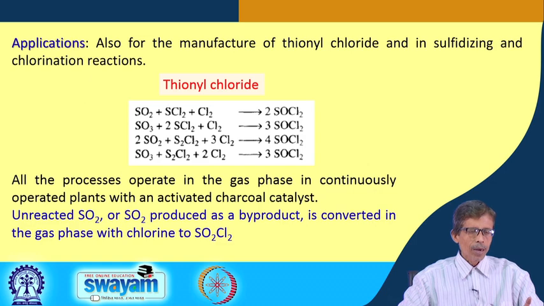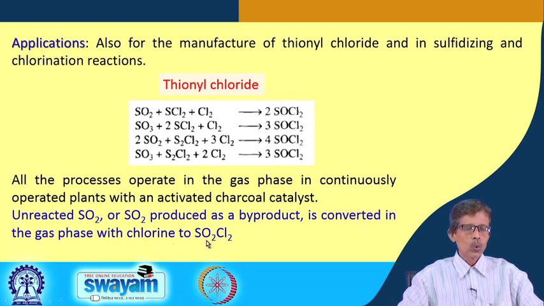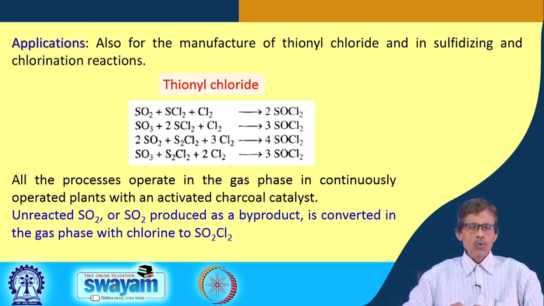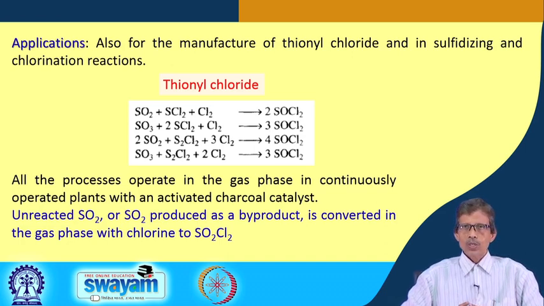So, you can have some unreacted sulfur dioxide, or some sulfur dioxide produced as a byproduct in some other reactions, not this particular reaction, is converted in the gas phase with chlorine to SO2Cl2 now, which is a little bit easier because you directly use chlorine gas to trap it as SO2Cl2, which is your sulfuryl chloride.